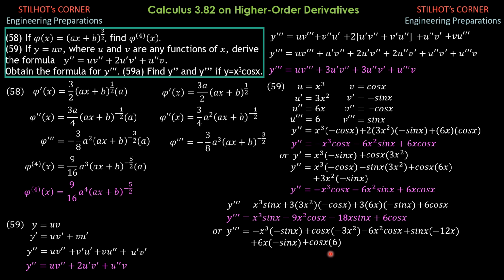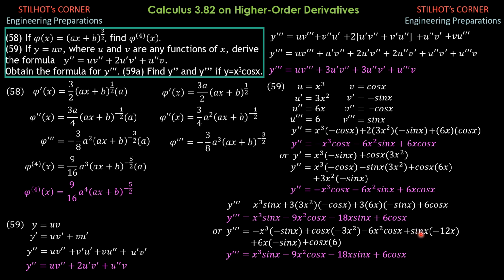So we have like terms here. The second and the third are like terms. If you combine them, negative 3x squared cosine x and negative 6x squared cosine x, that becomes negative 9x squared cosine x. Then the fourth and the fifth terms are also like terms.